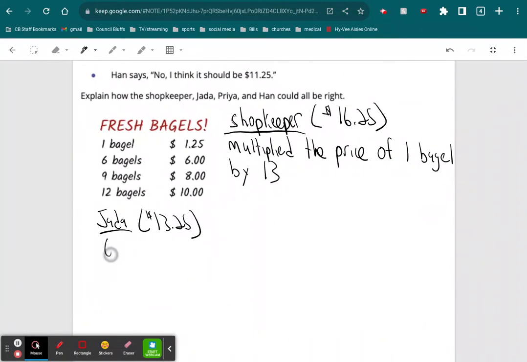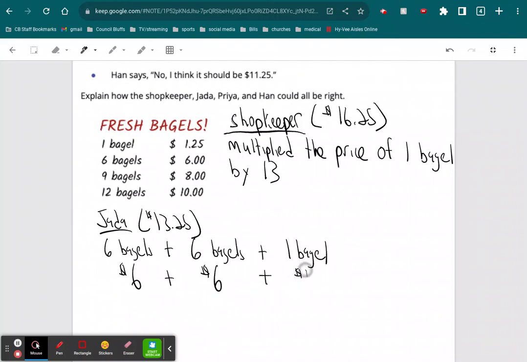So if you buy 6 bagels plus 6 bagels plus 1 bagel, that's 13 total. So that would be $6 because 6 bagels is $6, plus $6, plus 1 bagel, which is $1.25.